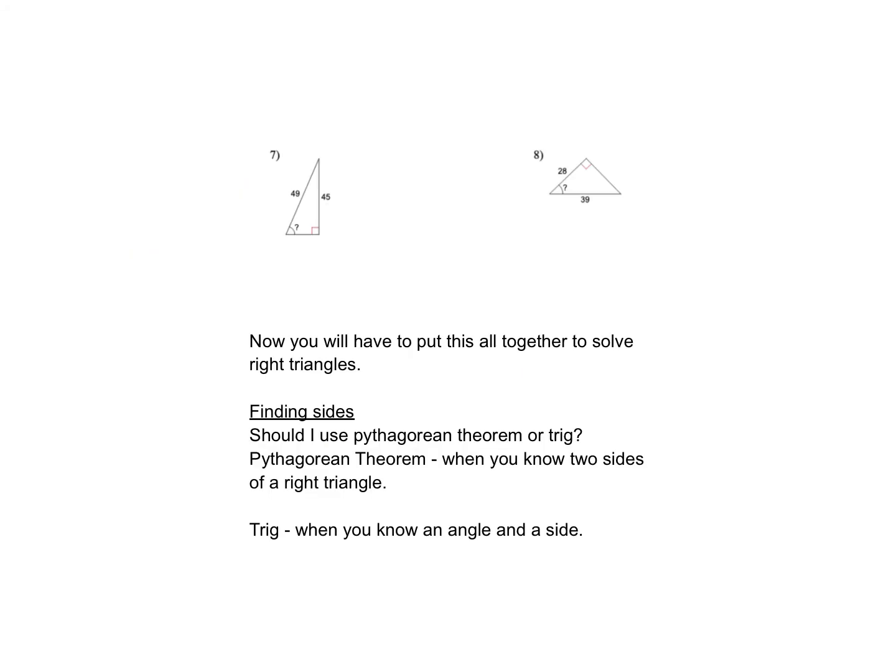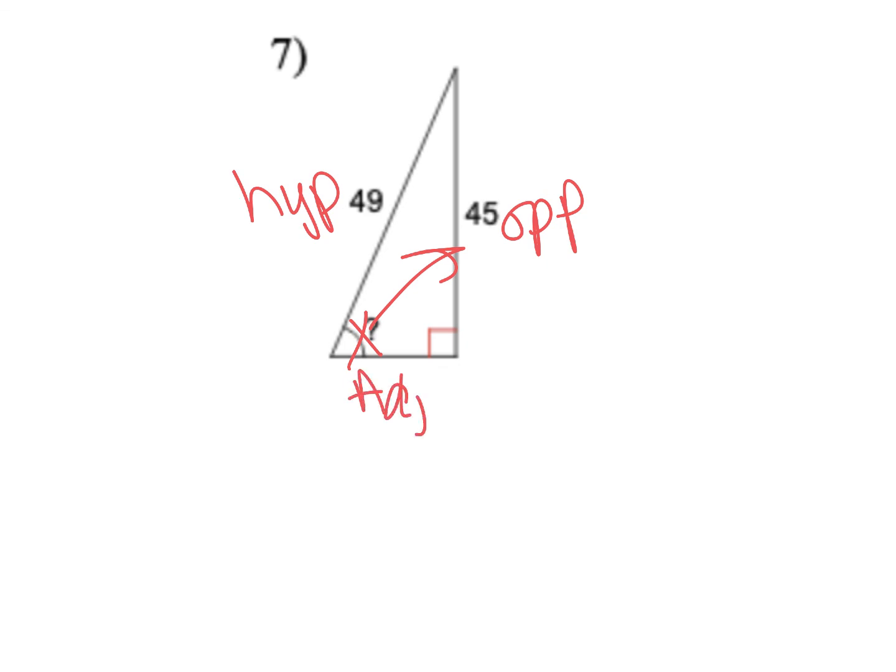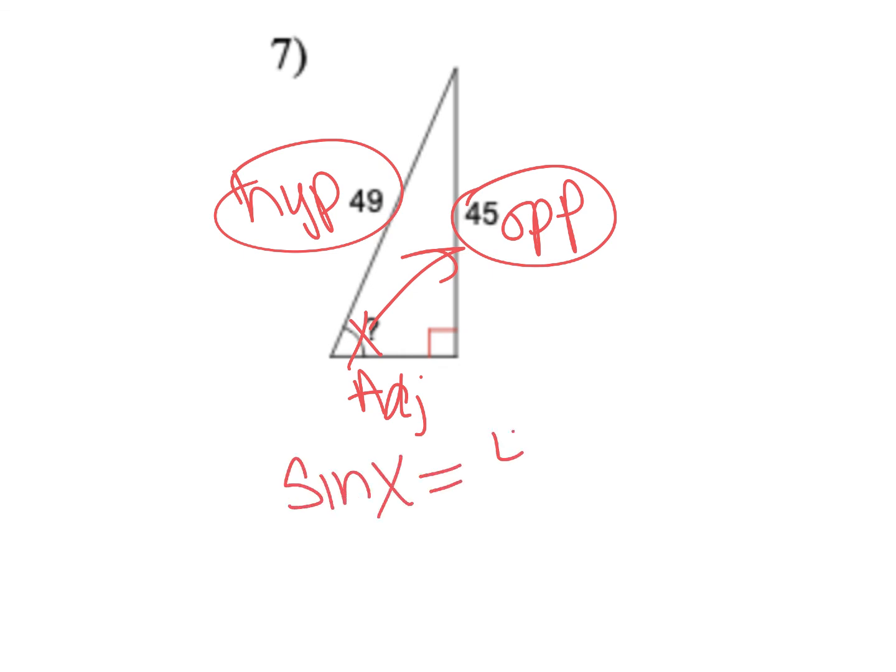Okay, let's look at two more quick examples here. So we've got, here's our x, this is opposite, this is hypotenuse. Again, this is adjacent, but it doesn't help us because we don't know anything about it. We have opposite and hypotenuse. That tells me I need to use sine of my angle x equals opposite over hypotenuse.